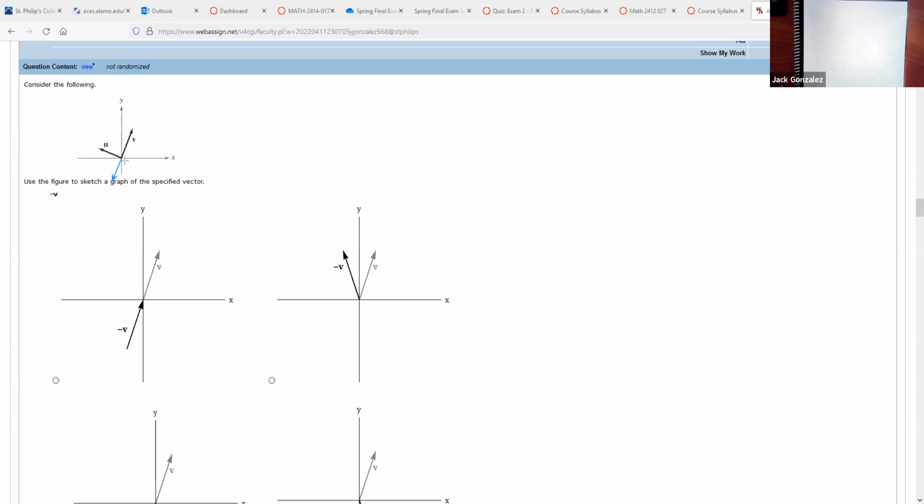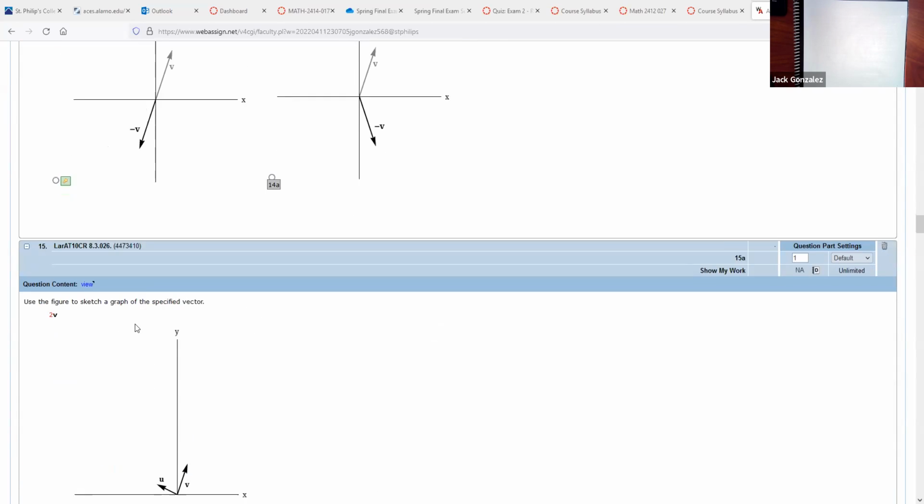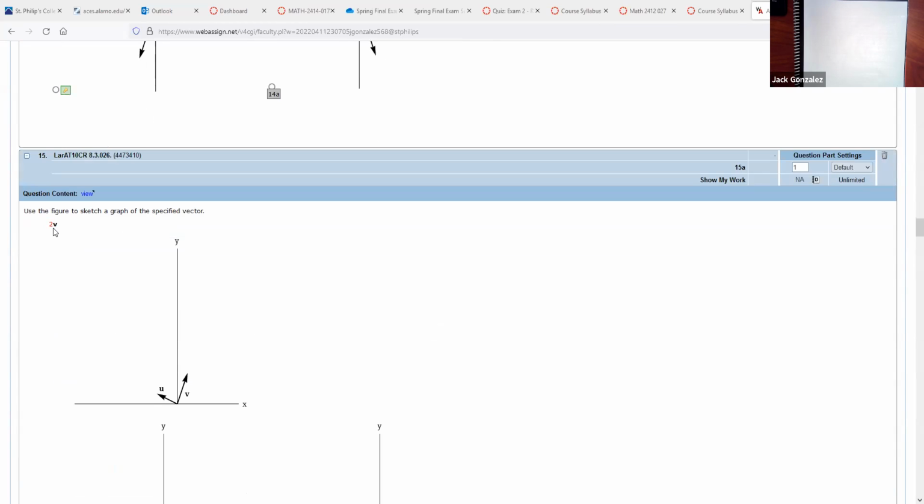So negative u would be over here, right? Obviously. So they're gonna have you choose multiple choice. It's not A, it's not B. It's gonna be C. Do you see why it is C? Right. Okay. Now, 2 times v. The 2 is considered to be a scalar.